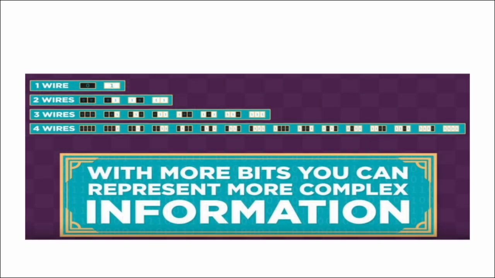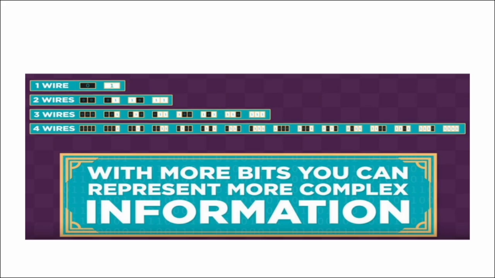So with more bits, you can represent more complex information. This you got, right? Now we have much more complex information. We will get to that later. So we have text, audio, video, images, and different kinds of signals. So lots of things.